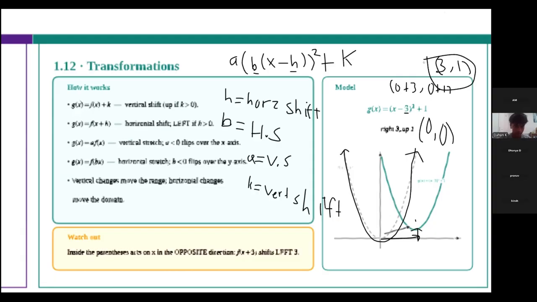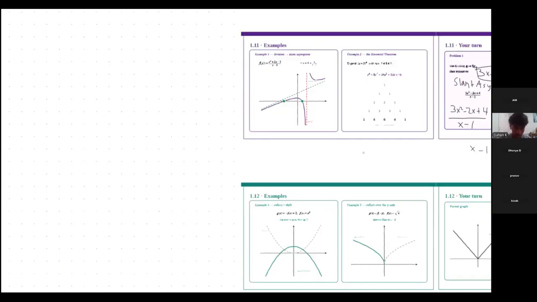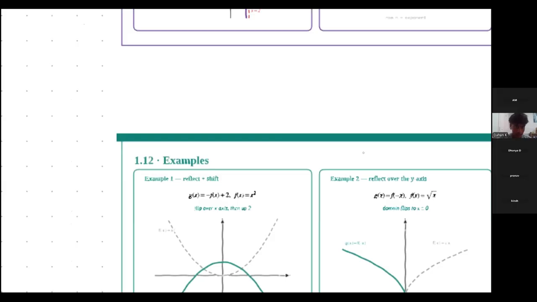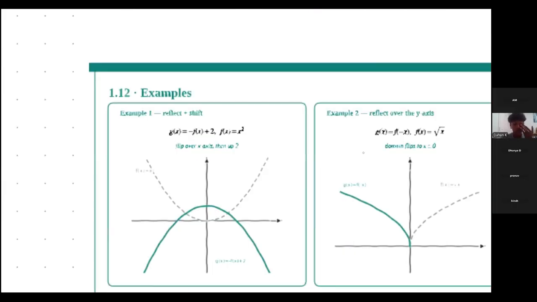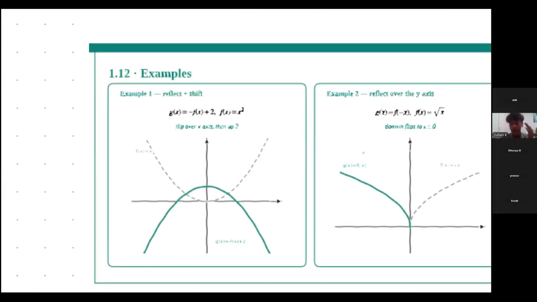Now let's look at some more examples. And okay, here's another thing. Negatives. So if you see a negative outside the function, then it's a vertical reflection. So what that means is you're reflecting the graph over the x-axis. So for example, if we look at this graph, and let's say this is x squared, right?